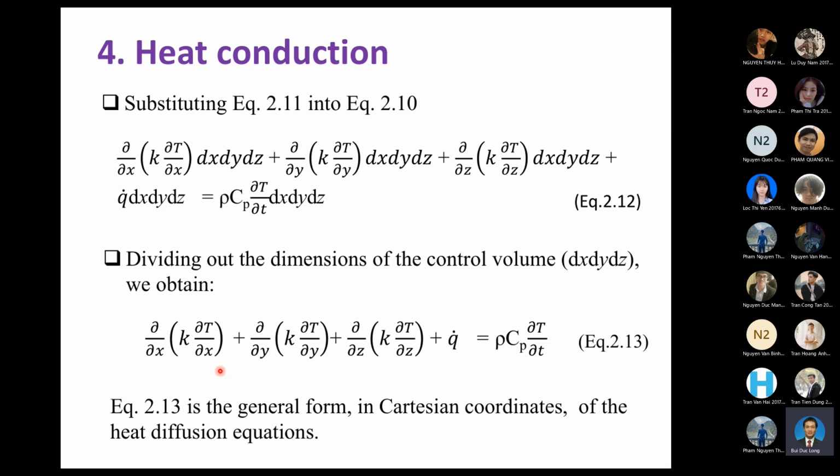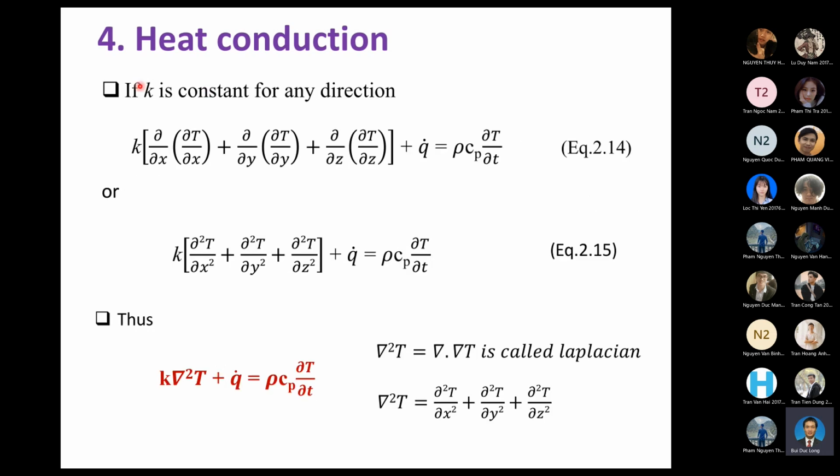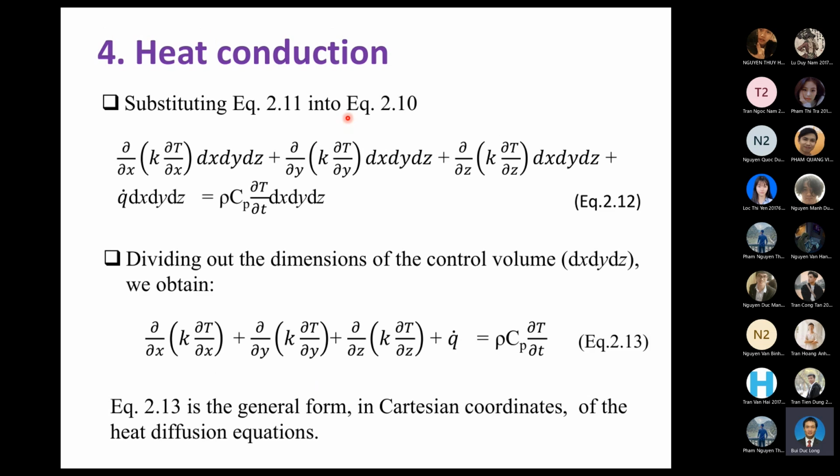So how can we simplify this equation? In the case that kappa, the thermal conductivity, is constant for any direction, this means k here is constant. So we can take k out of this bracket.